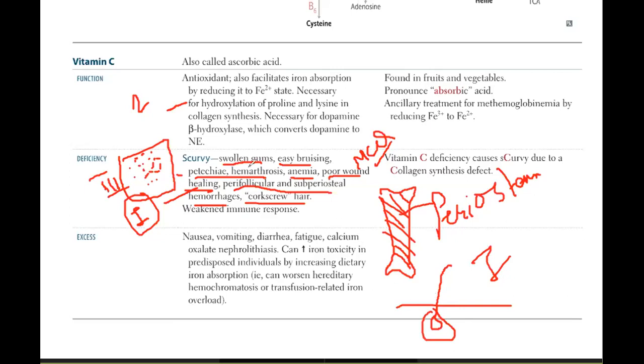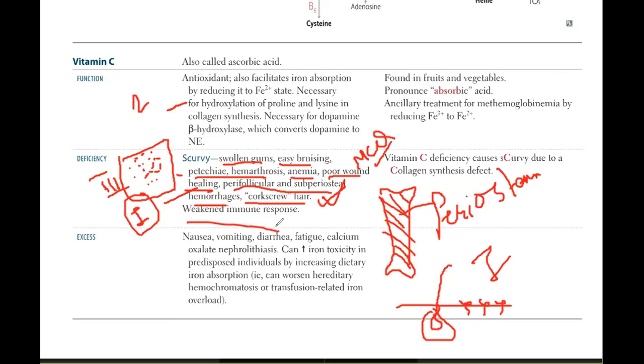Because of the lack of collagen, because of the lack of formation of your epithelial lining of your skin, your hair will be like this. This will be the shape of your hair, corkscrew hair. Okay, so remember this corkscrew hair. This is a classical point for vitamin C deficiency, and it's asked in MCQ a lot.